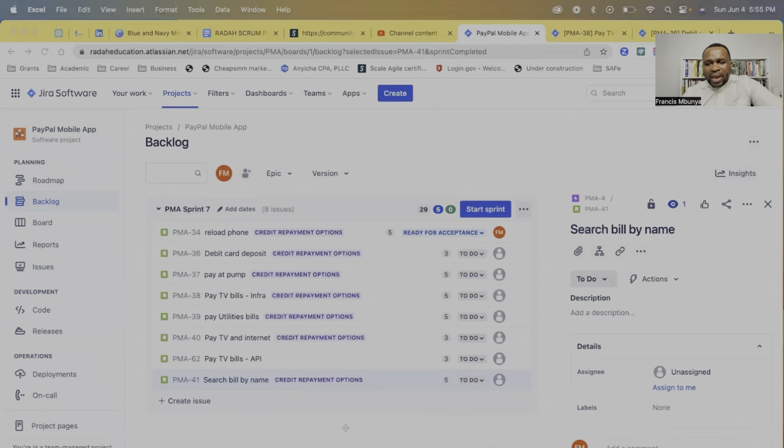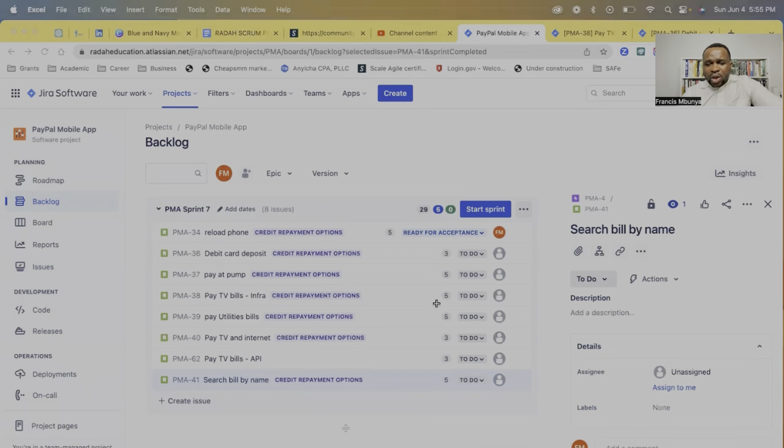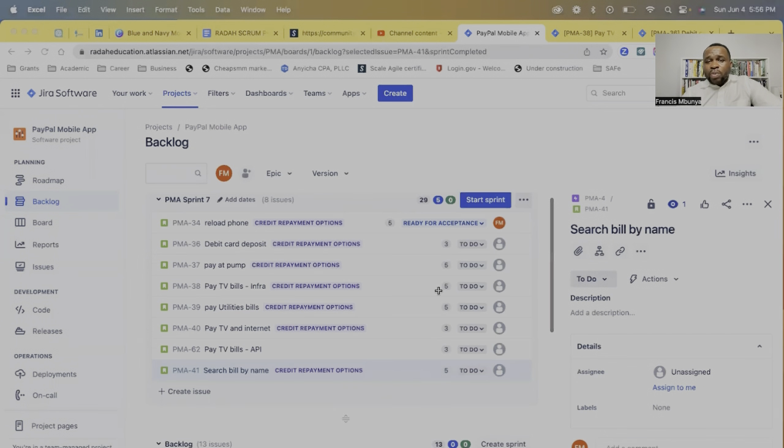The capacity of our tester is 6, but the amount of work that we already know we have means we have a deficiency in the testing capacity. So we need to find a way to resolve that. So that's already an impediment on this sprint. In that case, we could request for resources, or most of the stories are going to be blocked at the level of testing.